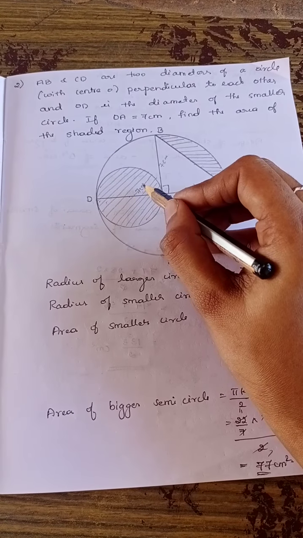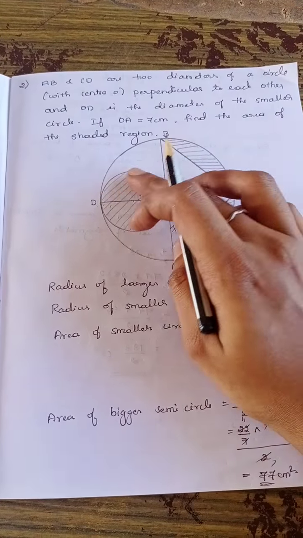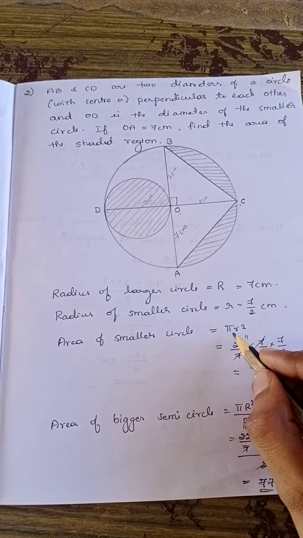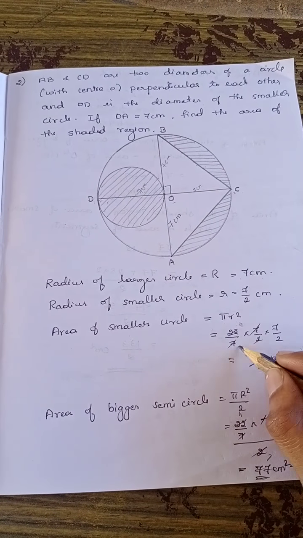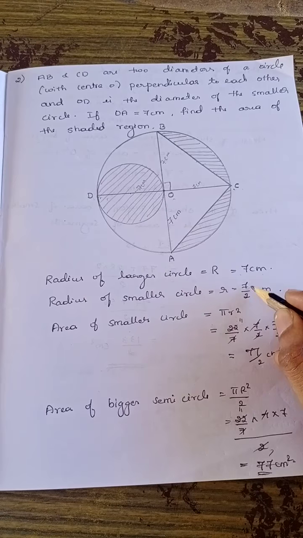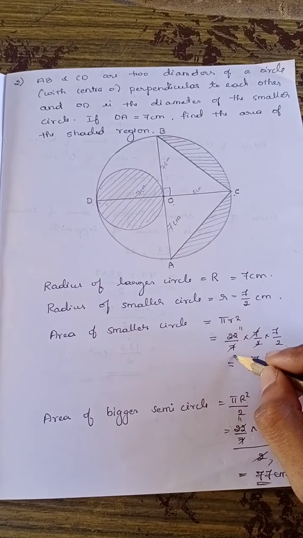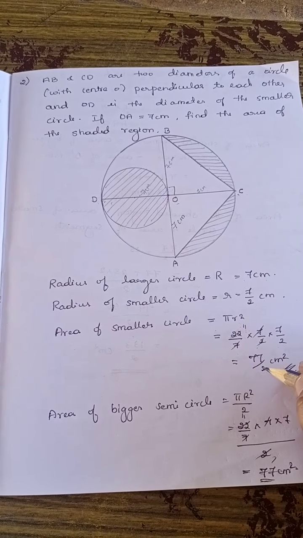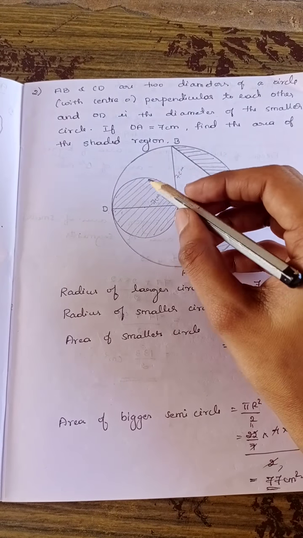Now let us see, we have to find the area of this smaller circle. Area of smaller circle is equal to pi r square, 22 by 7, r square, r value is 7 by 2. 7 by 2 square means 7 by 2 into 7 by 2, 7 gets cancelled, 2 ones are 2, 11 ones are 11, 7s are 77 divided by 2. This is the area of this smaller circle.